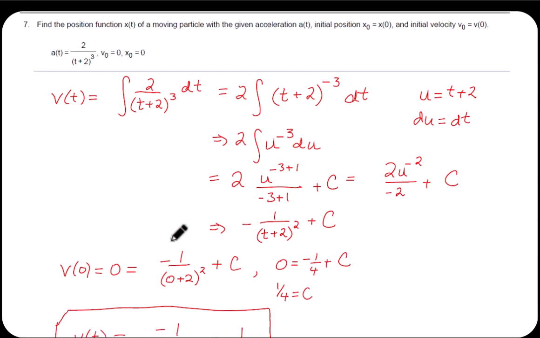At time 0, v is 0. So what does that mean? That's a 0. I get a minus 1 over 2 squared, and so a minus 1/4. And so c is 1/4.